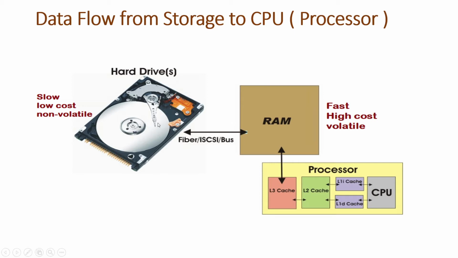So what happens here is data flows from hard disk to RAM, and then the CPU performs an operation on the data present in RAM. It could be any operation, read or write, any operation.